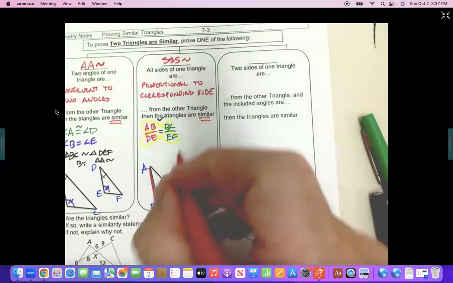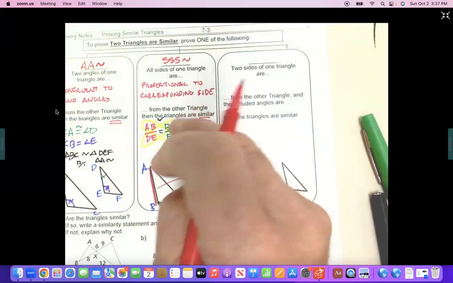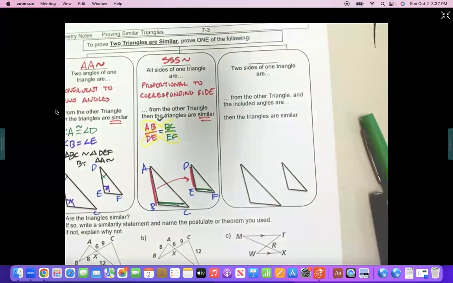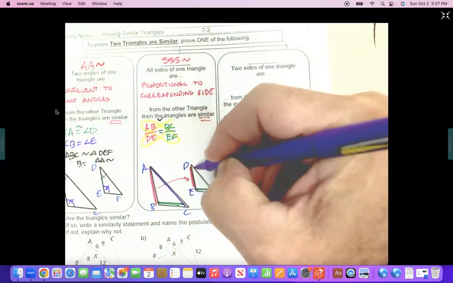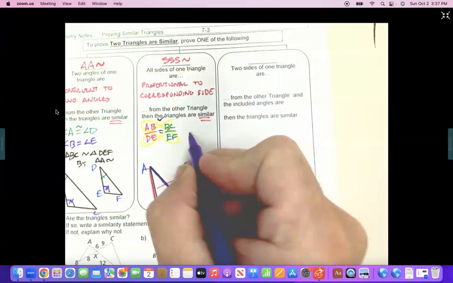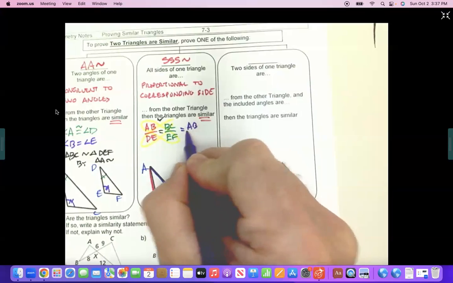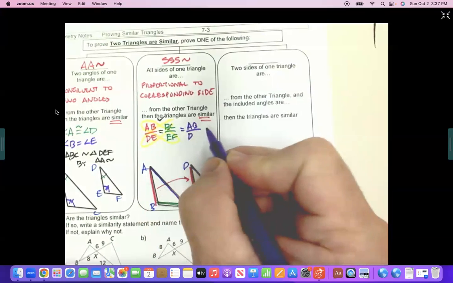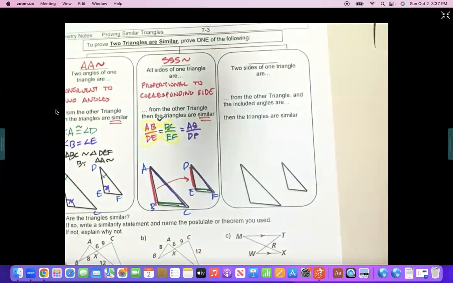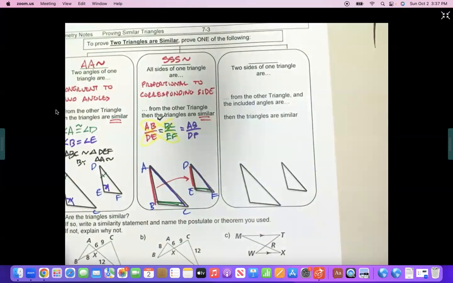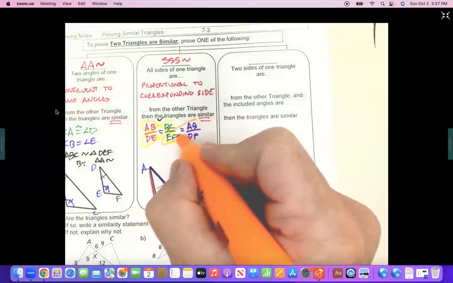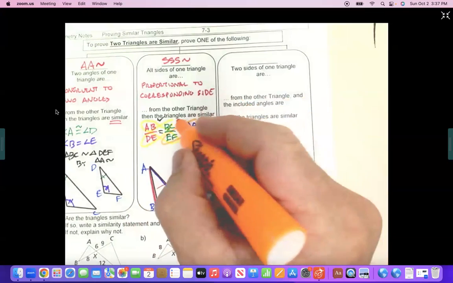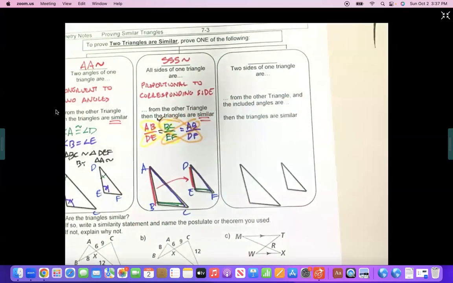So we could compare again each one of these. We need to take a look at this last one over here, and that would be comparing AB to DF. If we write that ratio and compare that to, let's say, BC is to EF, we would multiply AB times EF, and BC times DF.